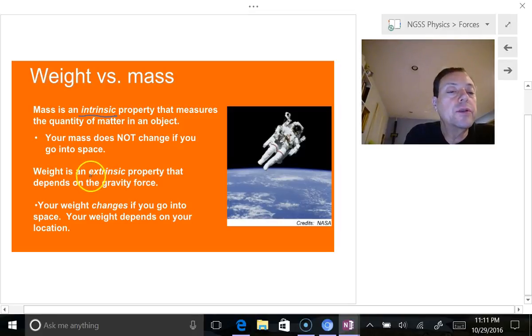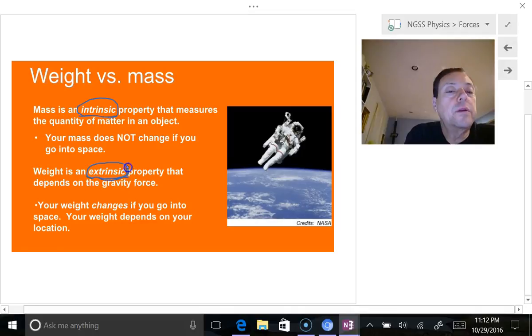Weight, however, is extrinsic in that it depends on something on the outside too. So mass only depends on the amount of matter you have. Weight, on the other hand, depends on the amount of matter you represent interacting with a gravitational field.